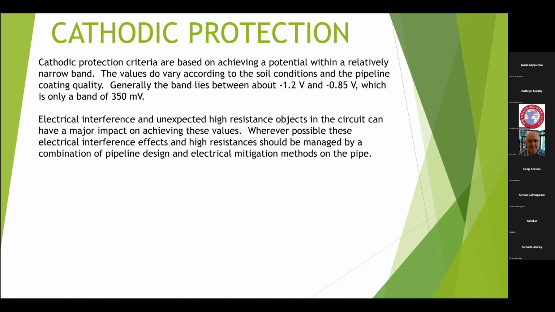Just as you may remember from school in the physics lab, where you put water into two different test tubes, and then you connected them together and the water settled to give the same level in both of them. Well, that's what happens when you connect a high energy thing like a magnesium anode, a galvanic anode, to a pipe, that the anode tries to bring the pipe to the same voltage that it's at.